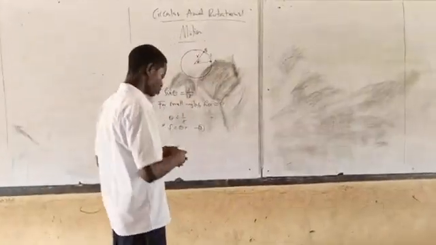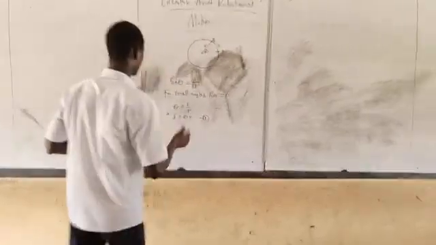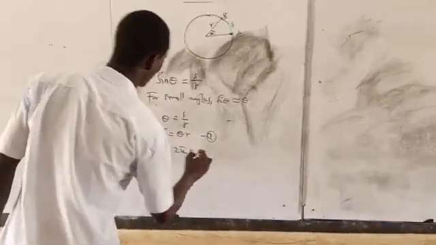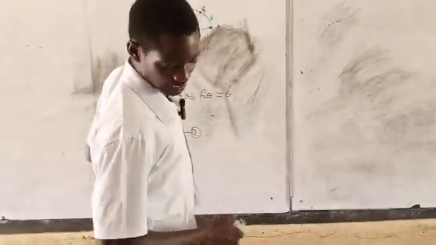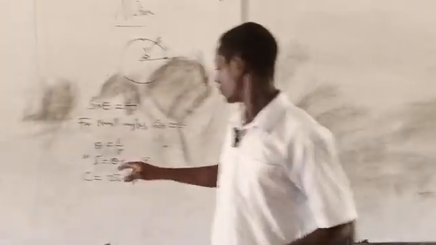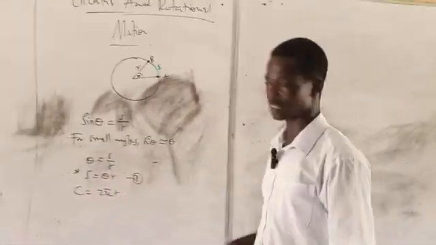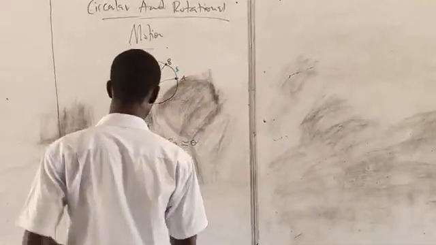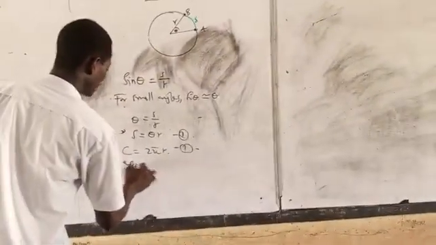The formula for finding circumference is C equals 2 pi r. So this is also the formula for finding the displacement, and it therefore implies that we can equate equation 1 and equation 2.